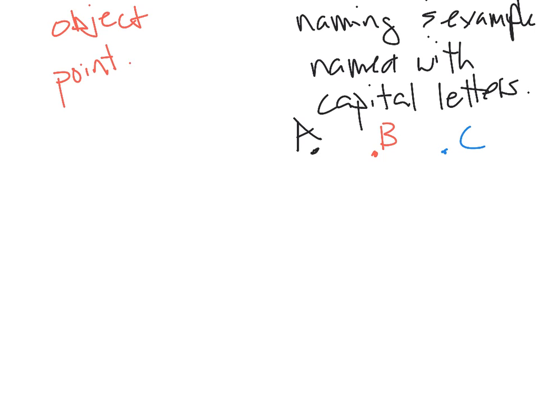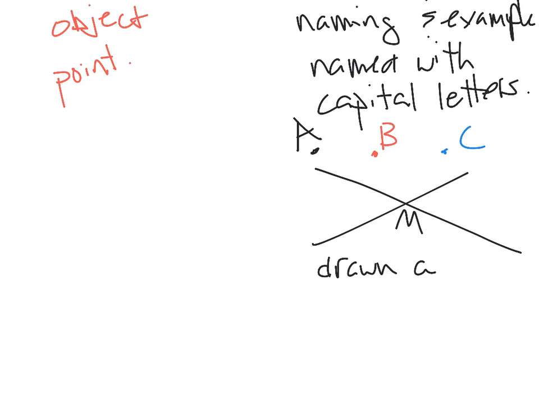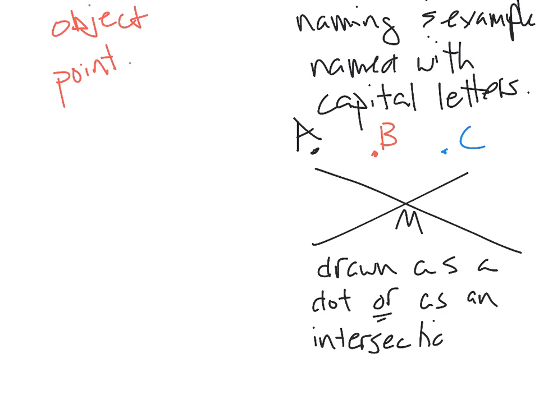Now, that's not always going to be the case, however. Sometimes you will see, for example, two lines that just intersect, and you'll have point M perhaps labeled there, and that's the place where the two lines intersect. So it's drawn as a dot or as an intersection of lines or rays or segments.